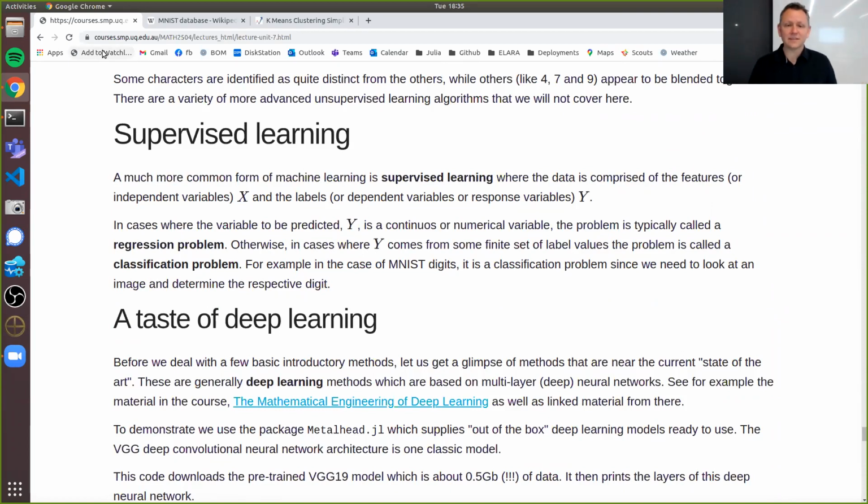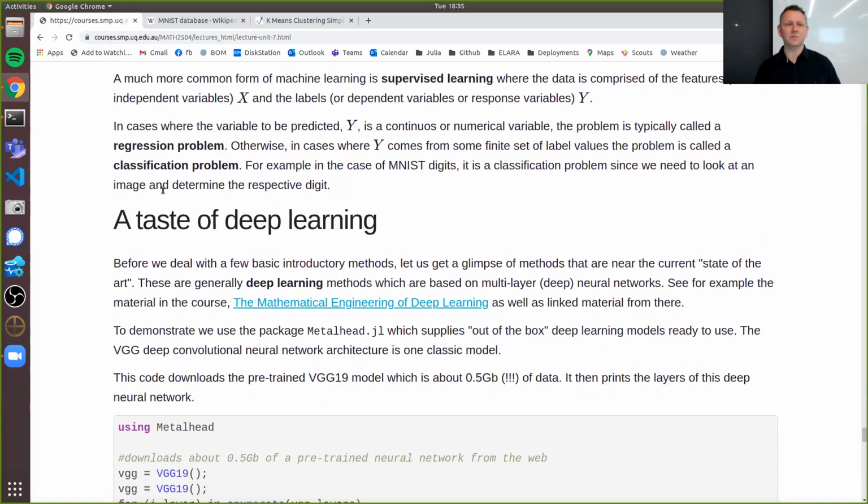In practice, with those kinds of classification problems, we might do something called one-hot encoding. Or what we might do is train a true-false classifier for 0, and a true-false classifier for 1, and a true-false classifier for 2.